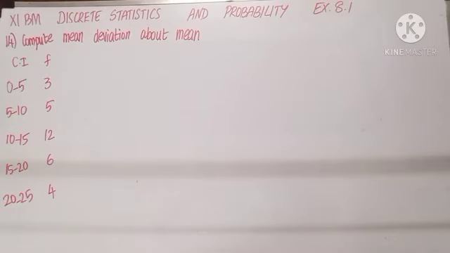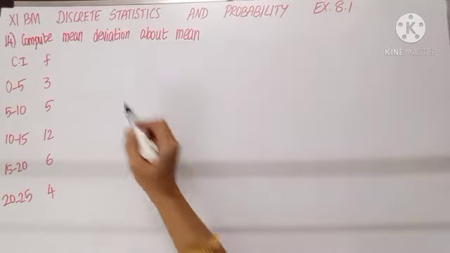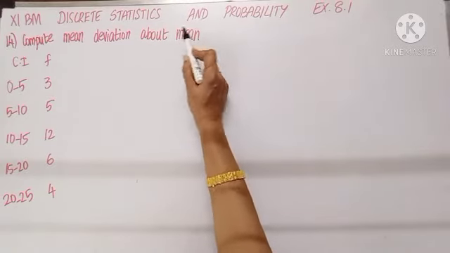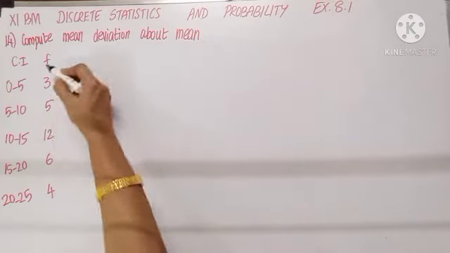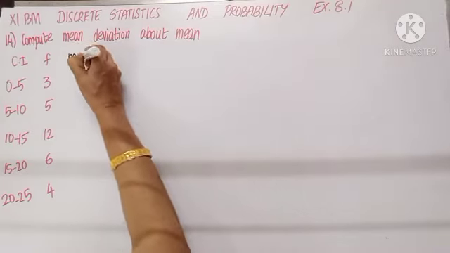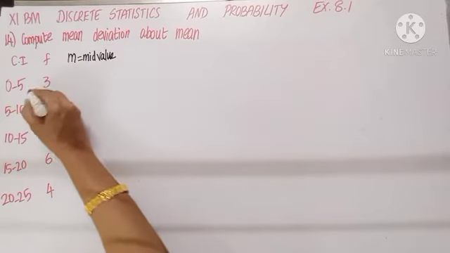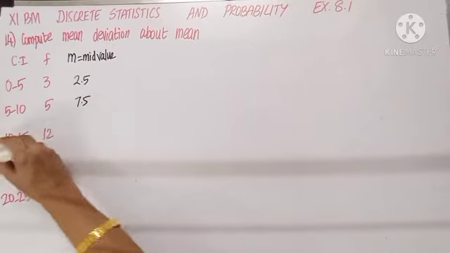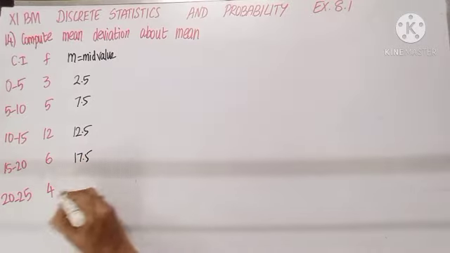Question number 14. Compute mean deviation about mean. To calculate mean deviation about mean, first of all, we must find out what is mean, the data given as class interval and frequency. Very first step, calculate m, the middle value. 0 to 5, middle value 2.5. 5 to 10, 10 to 15, 15 to 20, 20 to 25.